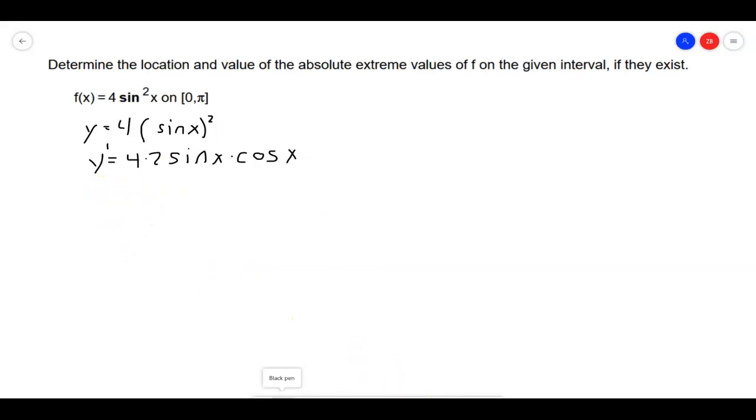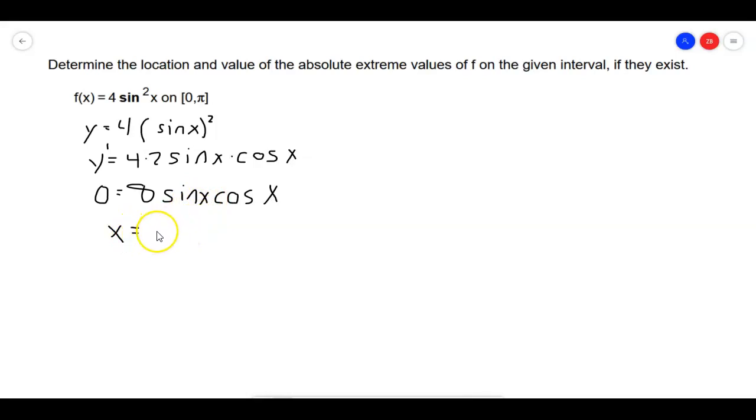So if we set this equal to 0, because we want to find where we have that horizontal tangent line, where the peaks and valleys are, 0 is equal to 8 sine x cosine x. Really, all we have to know is where sine of x or cosine of x equals 0.